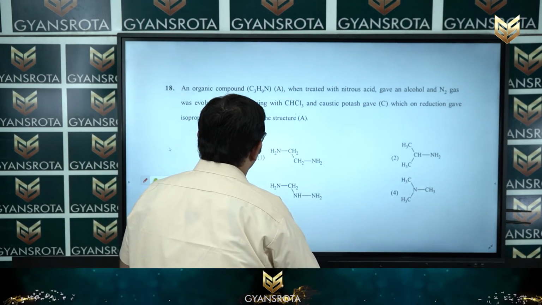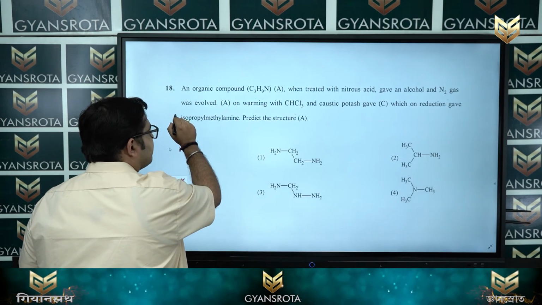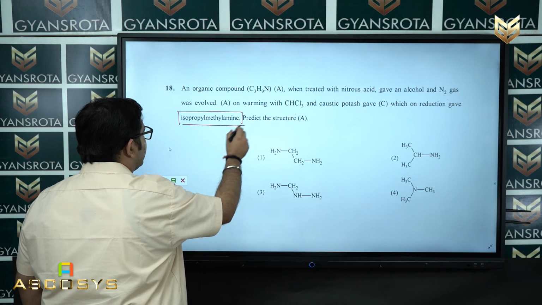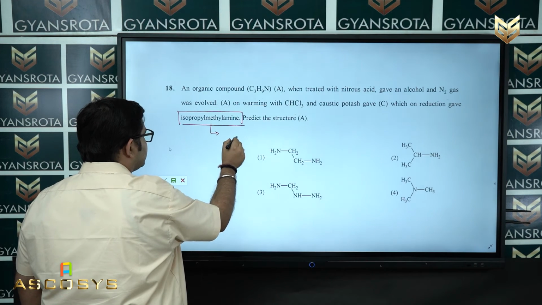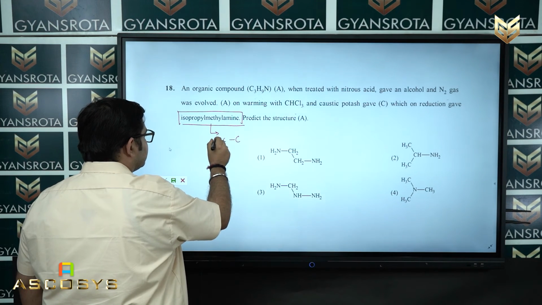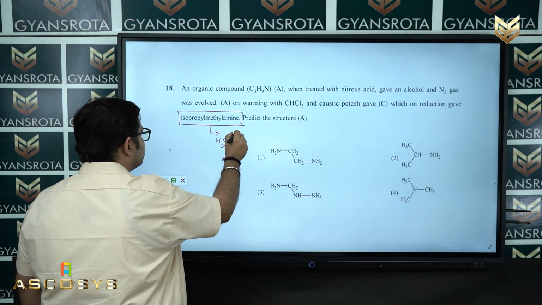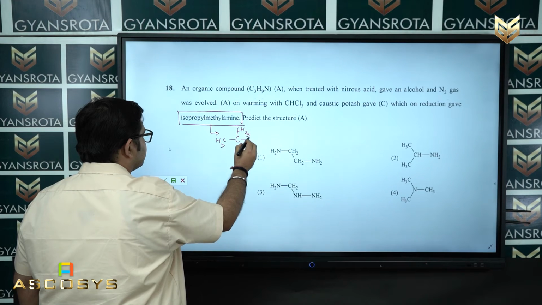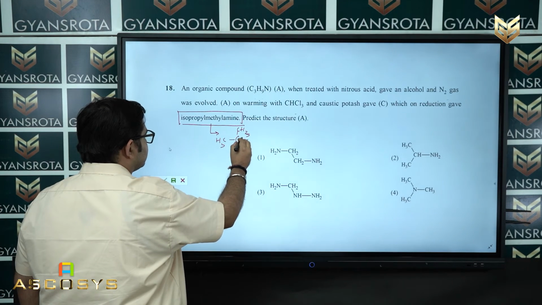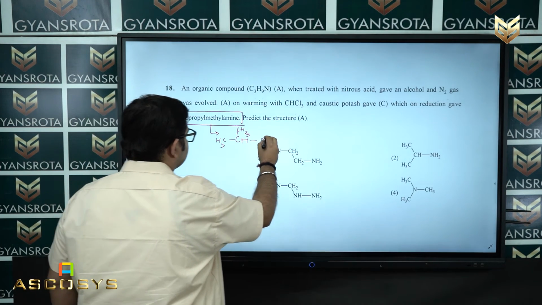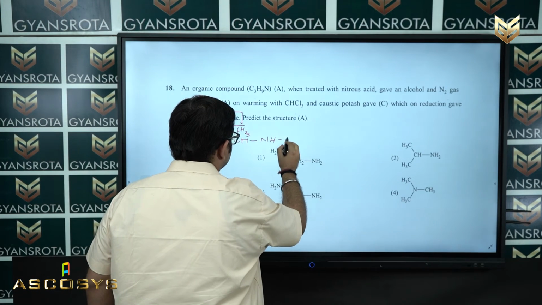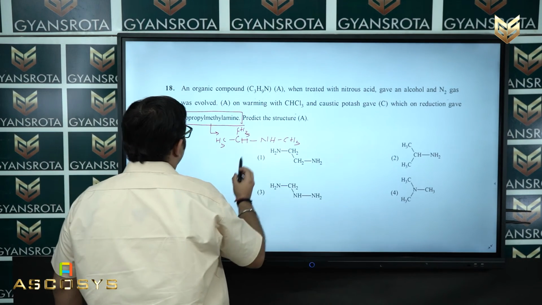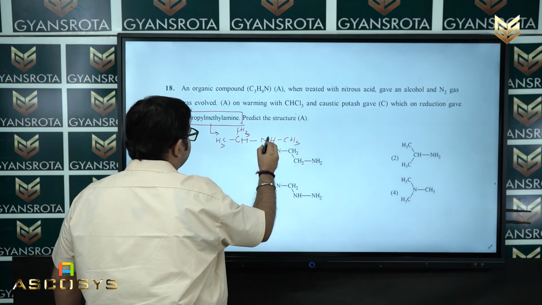Now, first you have to concentrate on the product we are getting, that is isopropyl methylamine. It means my structure looks like this. So this is nothing but your isopropyl methylamine.